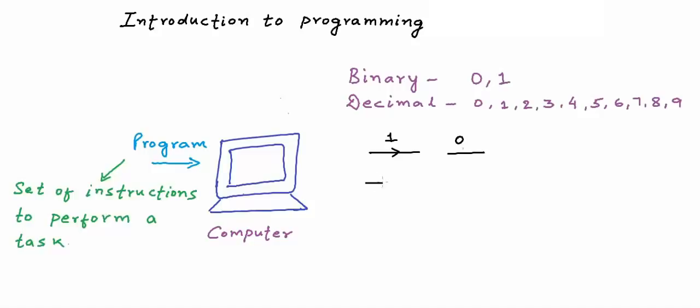If there is some potential difference across a capacitor, we can say that it's a 1, and if there is no potential difference, we can say that it's a 0. In general, 1 can correspond to something that exists, and 0 can correspond to something that does not exist. 1 can correspond to some condition being true, and 0 can correspond to that condition being false.